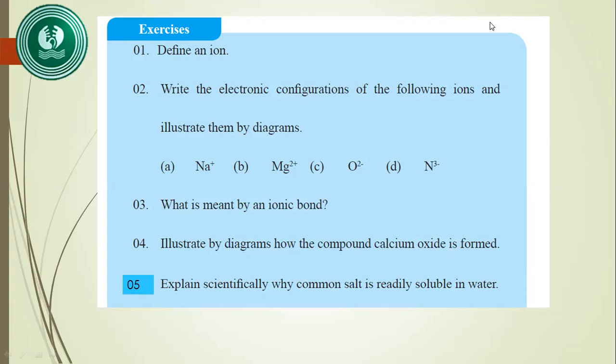And these lost electrons are gained by oxygen, and it becomes the oxide ion, the anion, and it gets the stable electronic configuration of neon. You show these things using a diagrammatic representation of how this calcium oxide is formed. This is the answer for this question.